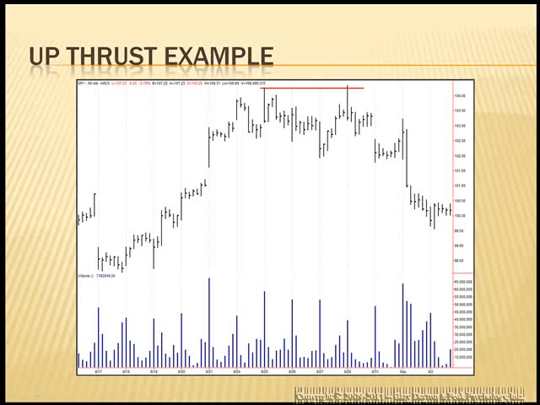Don't go back and forth. Do one thing or the other. Or if you want to test different entry strategies, do one for a couple of months and then do the other for a couple of months and compare and see how you do with each. You can do that, certainly.